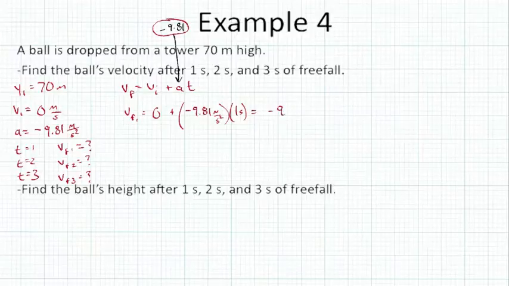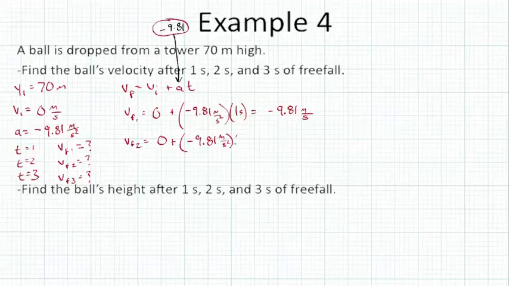That's negative 9.81 meters per second. Final velocity 2. It's going to be the same thing, but the only thing that's going to change is our time. So it's going to be 0 plus negative 9.81 meters per second squared times 2 seconds.